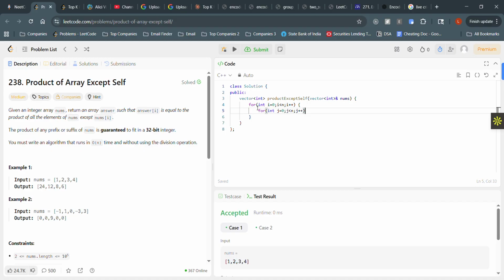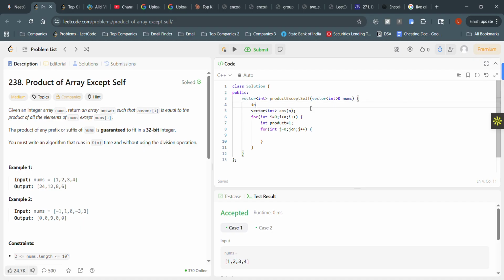And what we can simply do is define int product here, which will be equal to initially 1, and before that we need a vector int answer of size n, and we should also define n, which will be nums dot size.